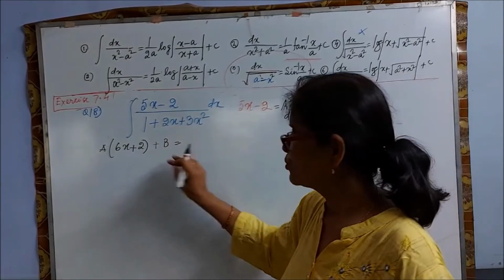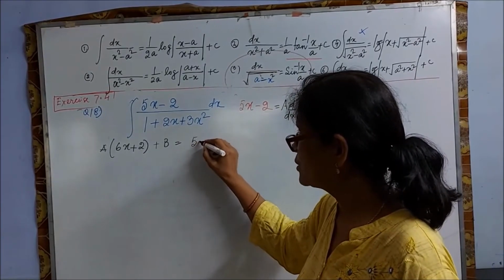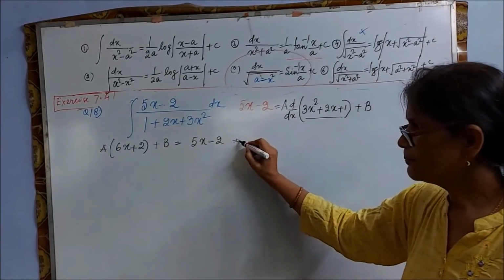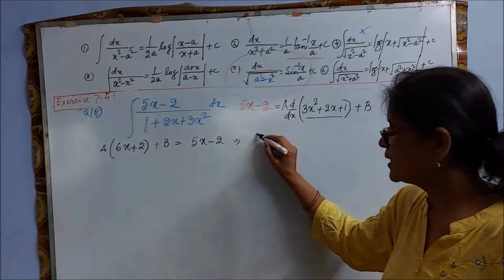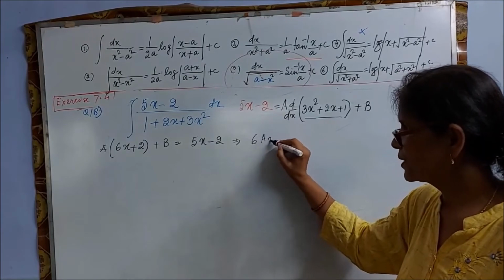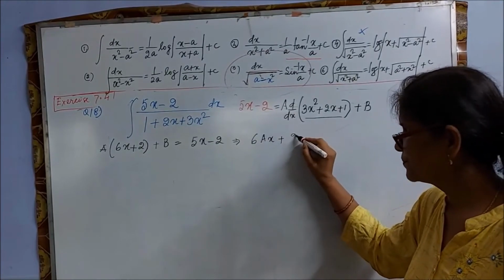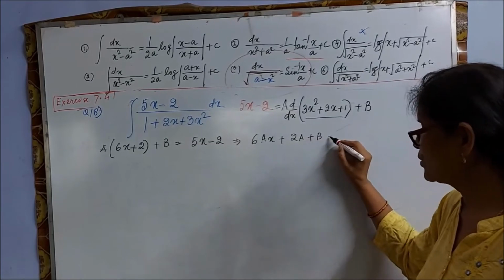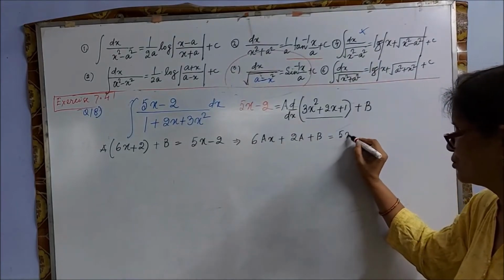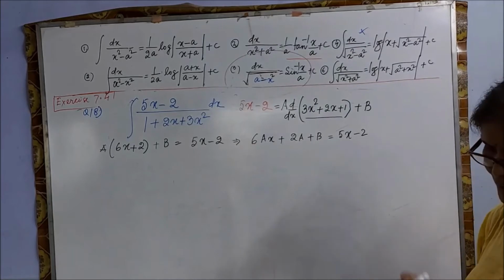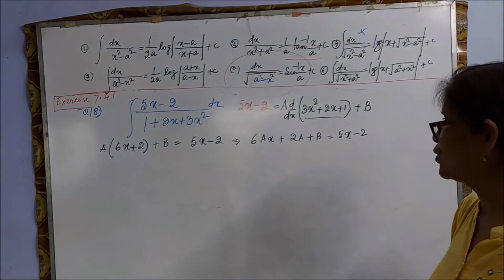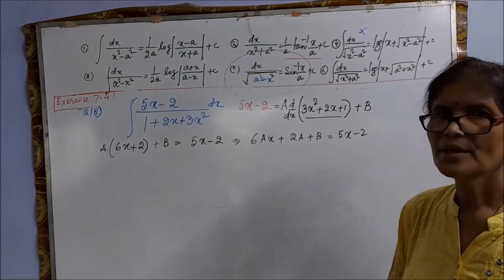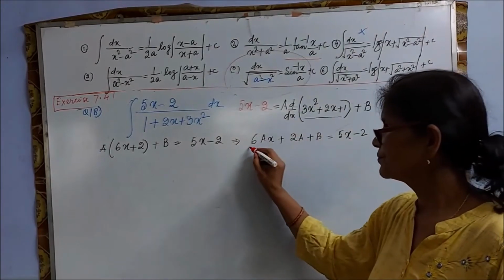So a(6x plus 2) plus b is equal to 5x minus 2. Next, I will multiply. This will be 6ax plus 2a plus b is equal to 5x minus 2. Next, what will I do? I will compare your x terms and x terms, because I am finding the value of a.